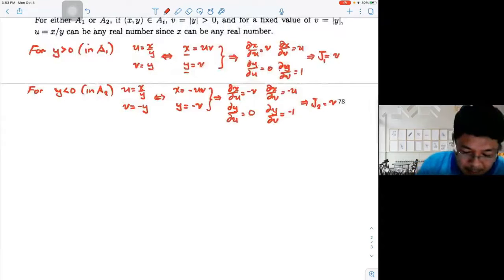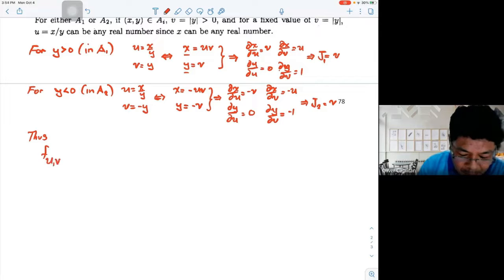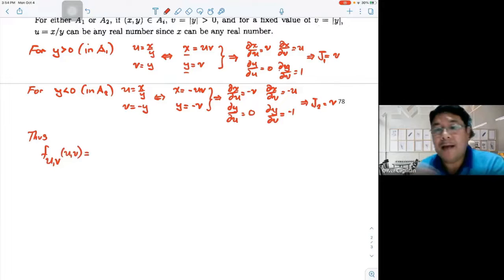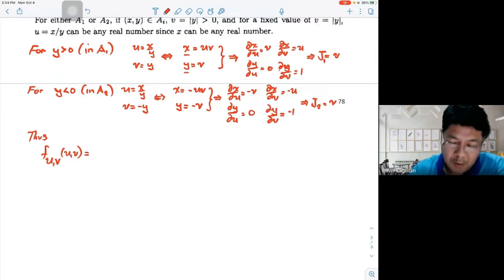Okay, thus, using our formula, the joint PDF of u and v would be equal to the countable summation of f of x, y.